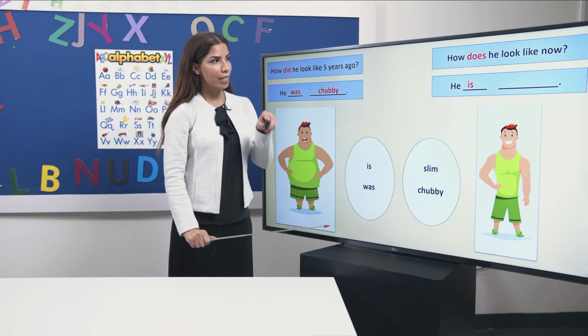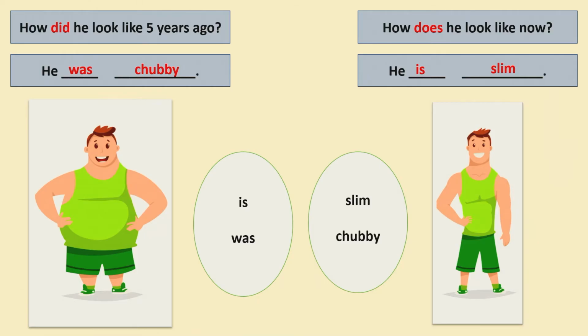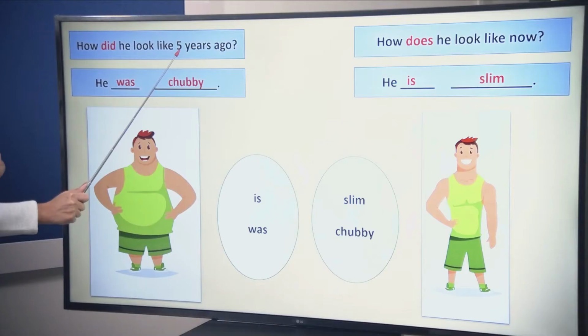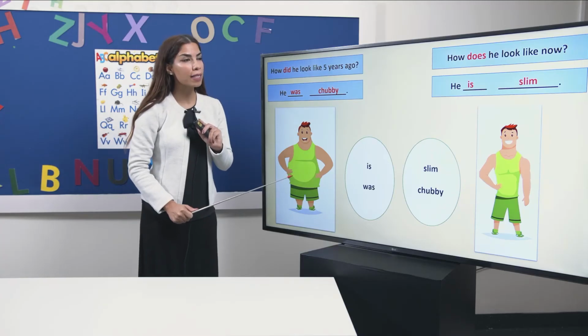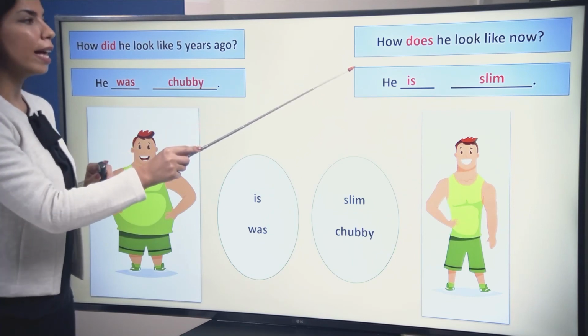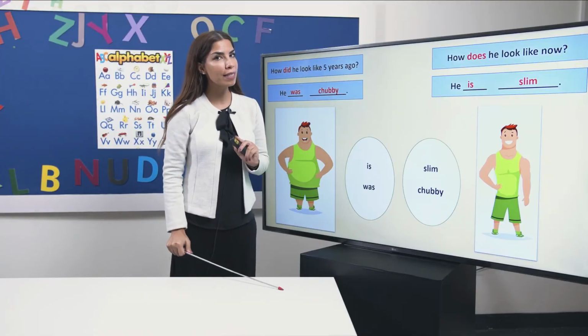Of course, today he is slim. So, let's read again. How did he look like 5 years ago? He was chubby. This is in the past. How does he look like now? He is slim. This is in the present.